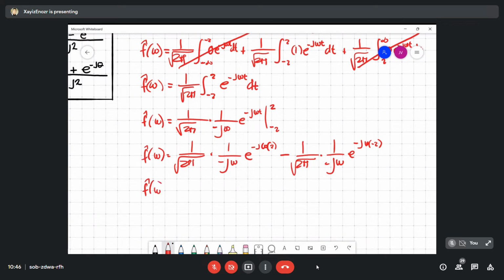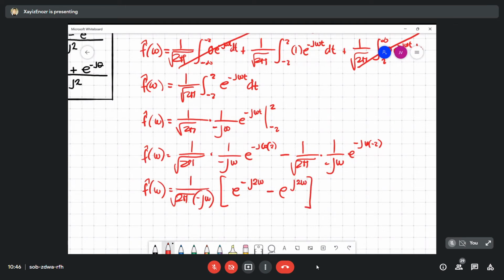Okay? So, 1 over square root of 2 pi times negative j omega multiplied by e negative j2 omega minus e negative 2, negative that will become positive j2 omega.